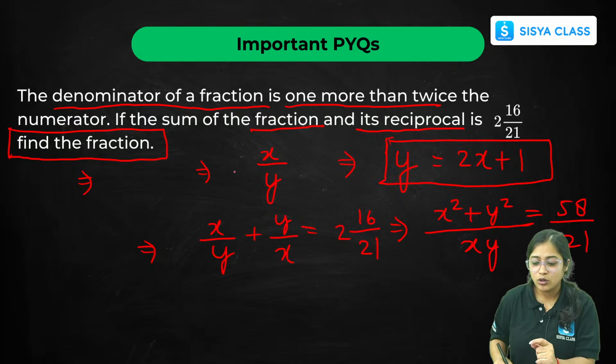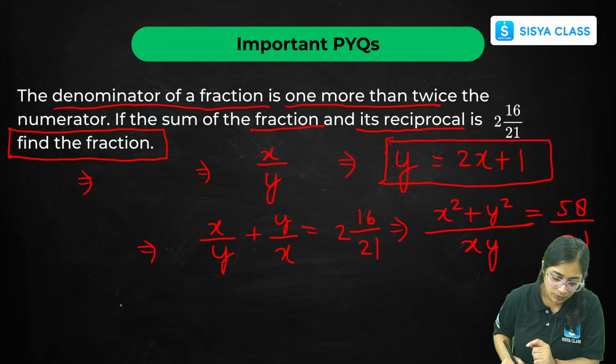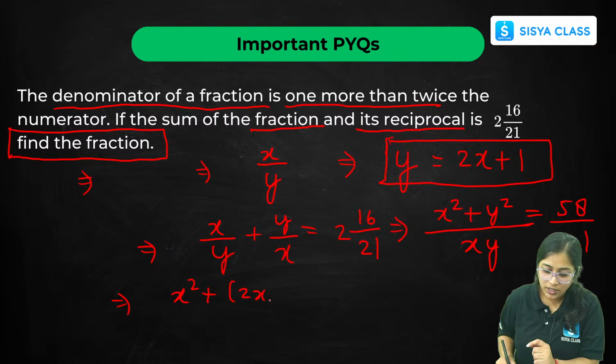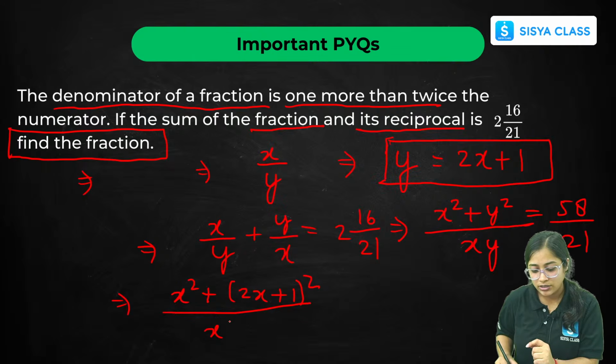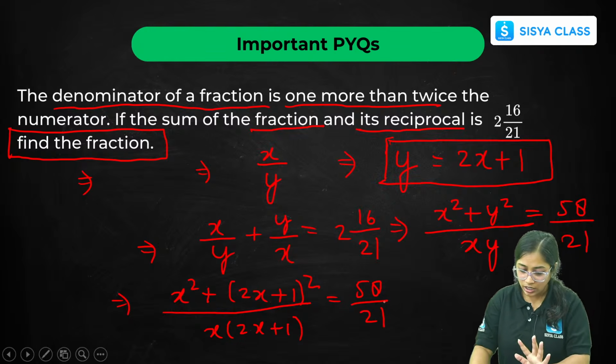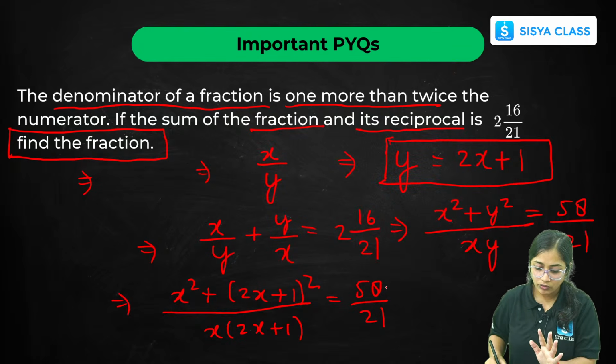Now what is the value of y? The value of y is 2x plus 1. Let's substitute here. So you will get x square plus (2x plus 1) whole square, divided by x times (2x plus 1), equal to 58 upon 21. Now after simplification, what will you get here?